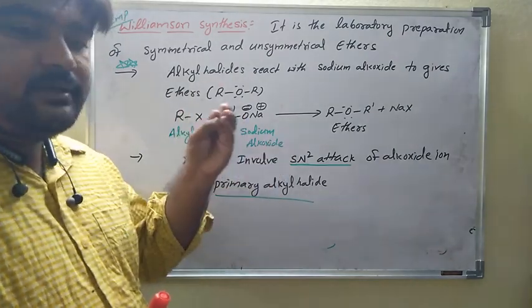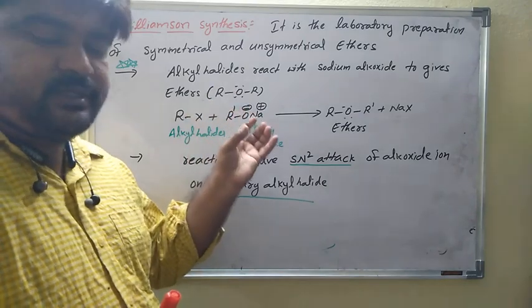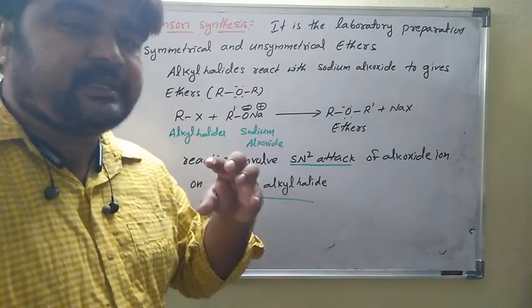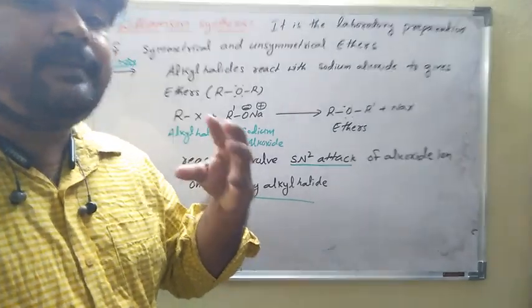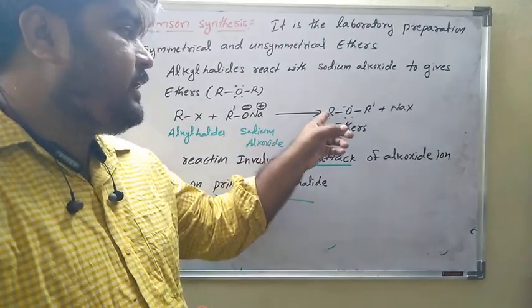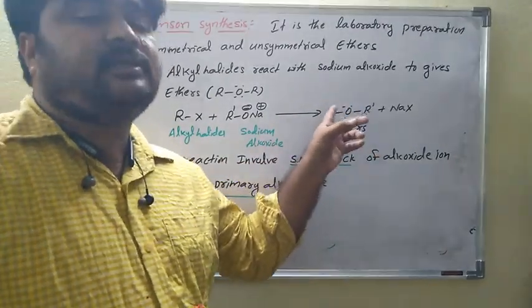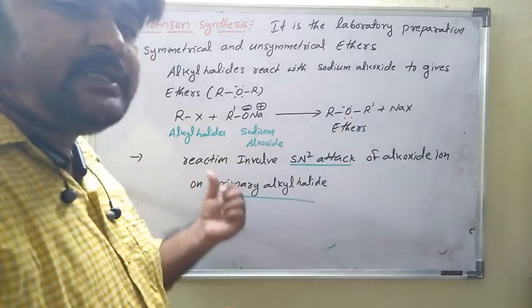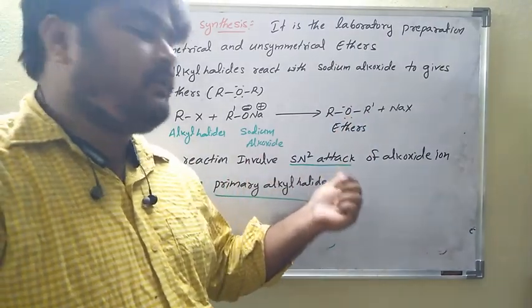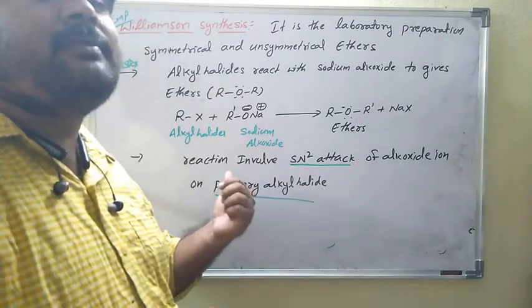While preparing ethers, we may prepare substituted ethers, where the alkyl group may be secondary or tertiary. The reaction involves SN2 attack of alkoxide ion on primary alkyl halide.